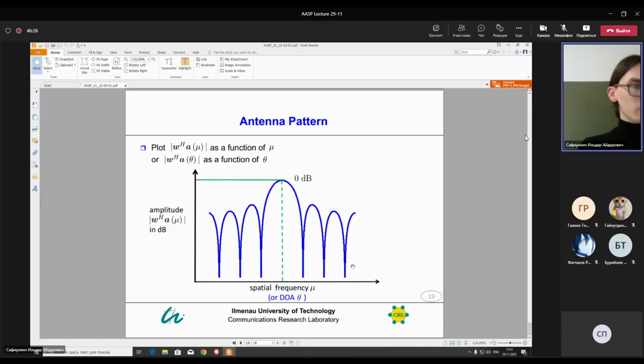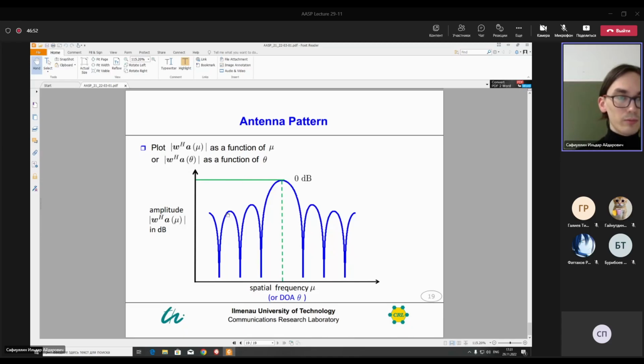Here we represent this double information times A of mu, or in the same way we can write here, instead of spatial frequency, direction of arrival theta. And for the x-axis we'll have, instead of spatial frequencies, direction of arrival theta.